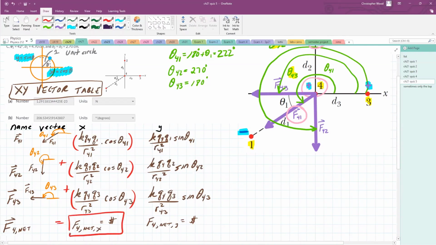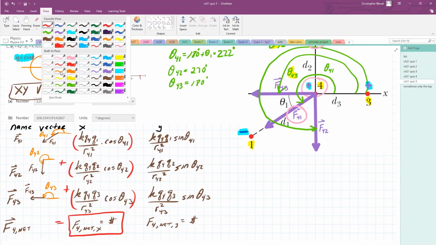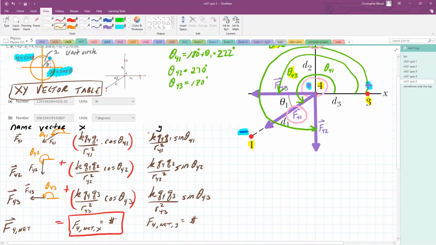That's my x component. Similarly, for my y component, I'm going to say the exact same thing: this y component plus this y component plus this y component equals this y component. So that's all I'm doing.